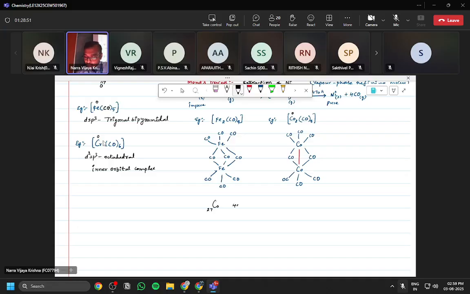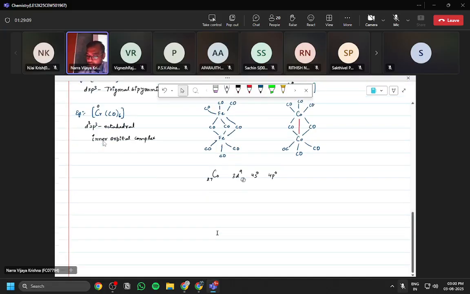Configuration 4s2, 3d7, 4p0. These 2 electrons also come up. Then what you will get? 3d9, 4s0, 4p0.